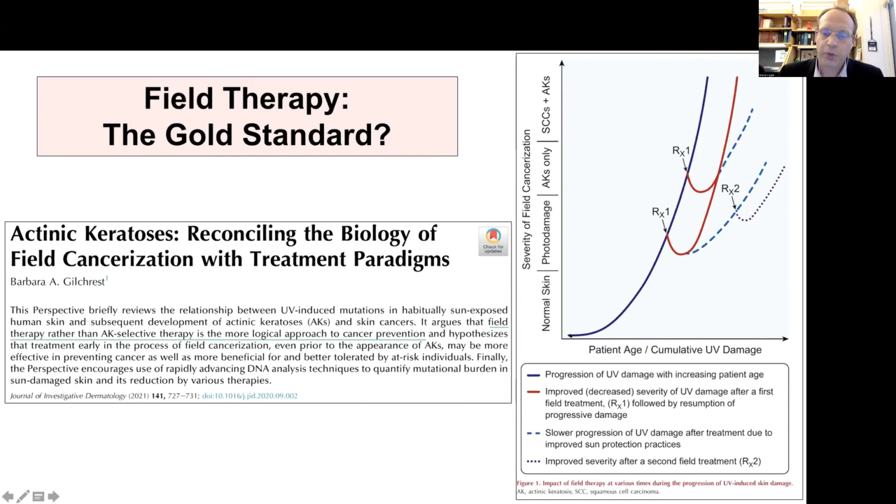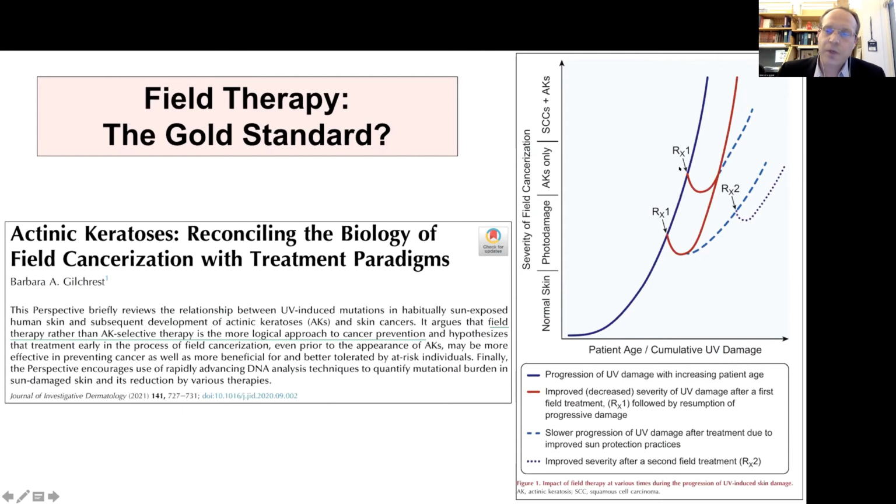And this dark blue line represents the progression of UV damage with increasing patient age. And so what we normally do or have been doing in dermatology, most practitioners, including myself, is that the first field therapy is when we see actinic keratoses.